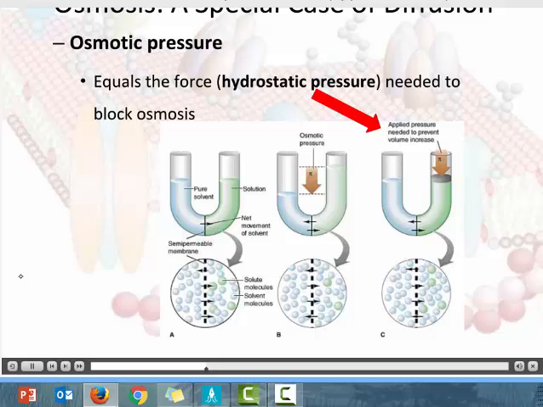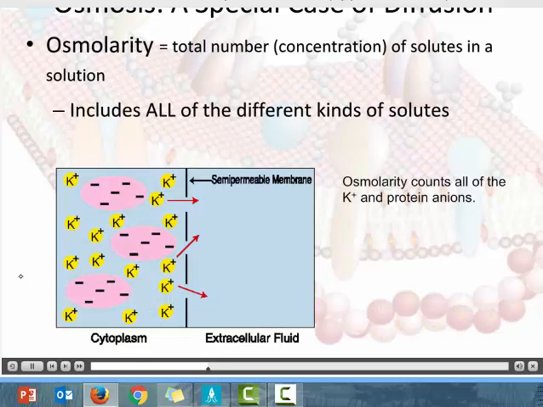When we talk about osmosis, we can also talk about osmolarity. Osmolarity is the total number of solutes in a solution. This can incorporate different kinds of solutes.